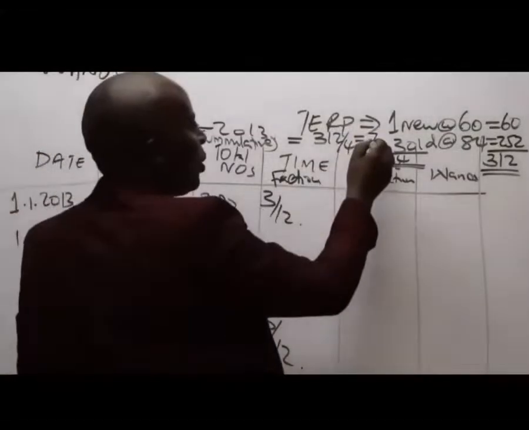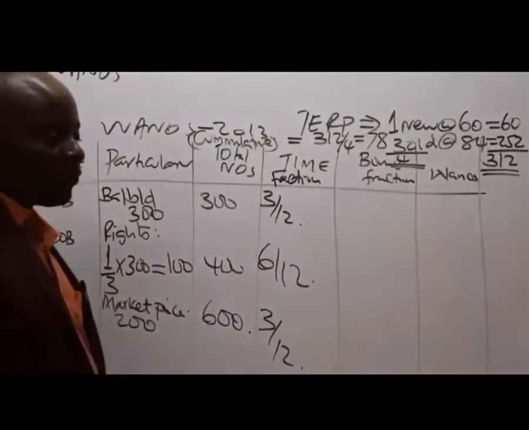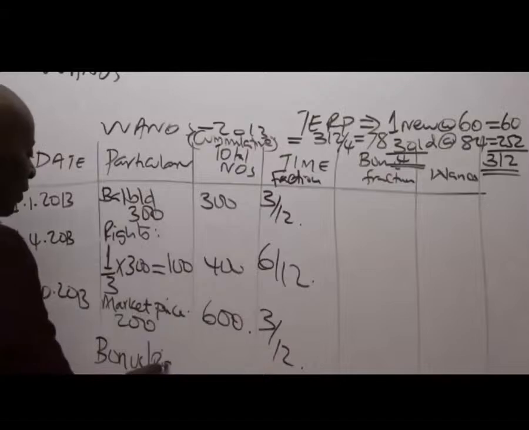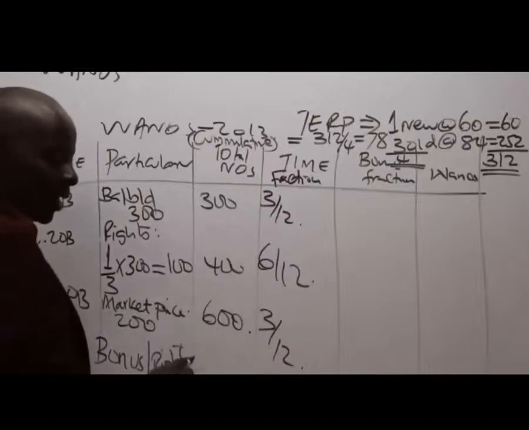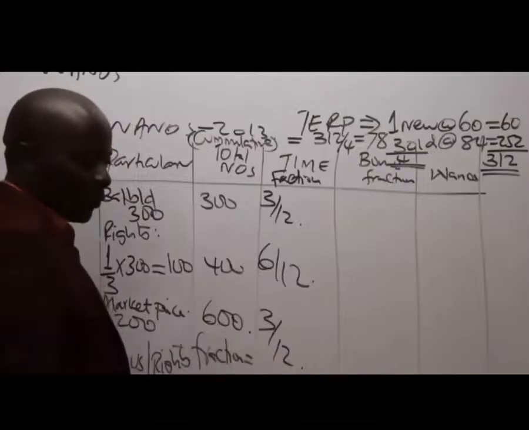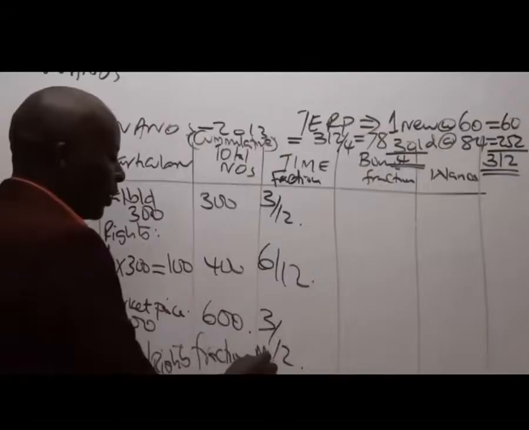Thank you very much. So after getting the TERP, could you kindly give me the bonus slash rights fraction? Ah, you guys are very good. You know it is the market value of a share over the TERP.